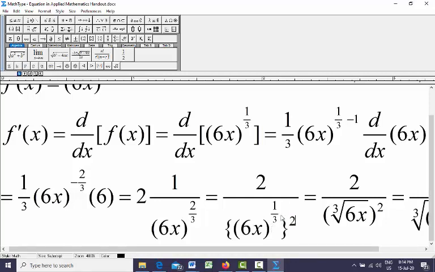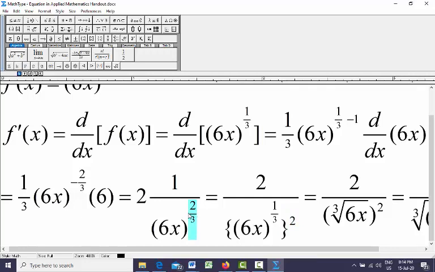6x power 1/3, and on top of that another power 2, because the 1/3 power inside the bracket gets multiplied by the power outside the bracket. So if you multiply 1/3 with 2, you get 2 by 3 back.